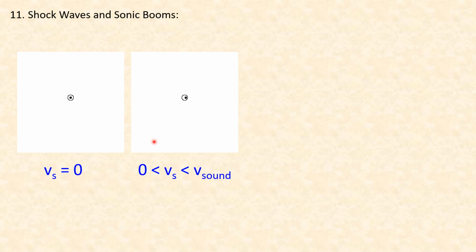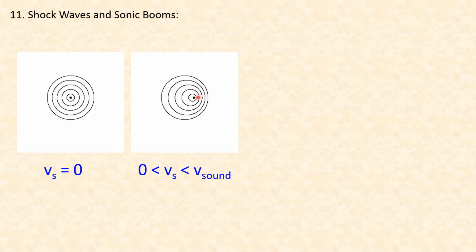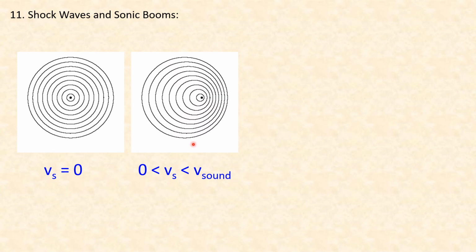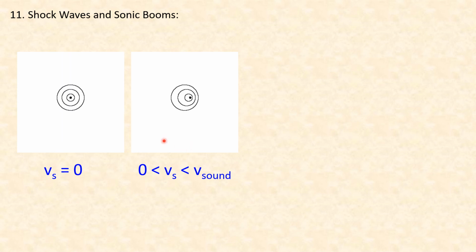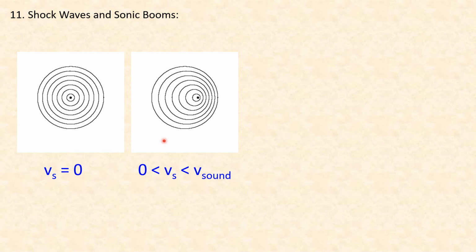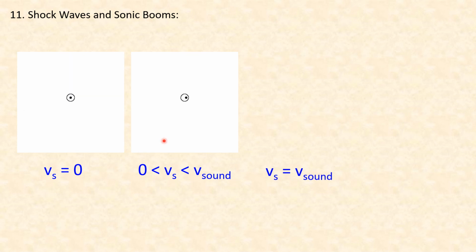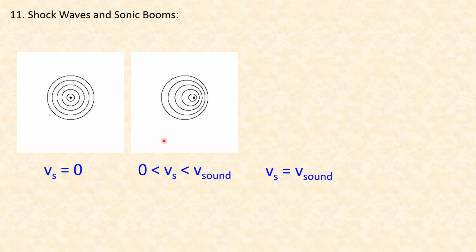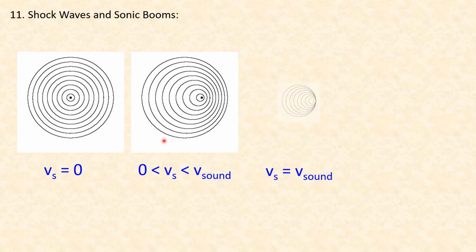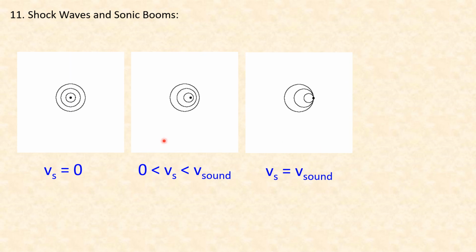What would happen, however, if the source that is emitting the sound wave were traveling so fast that it were actually traveling exactly at the speed of sound itself? Well, imagine what that wavefront diagram would look like. It would look like this.